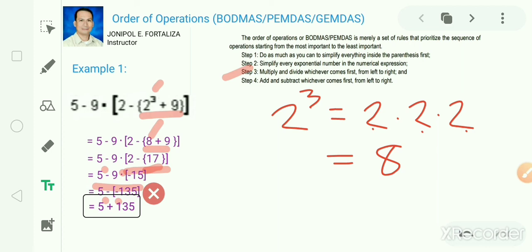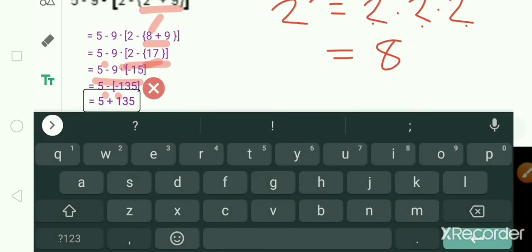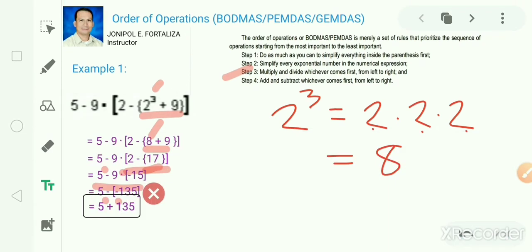So from subtraction, we had already proceeded to addition. That's the rule in signed numbers. Later we are going to expound the rules of signed numbers.